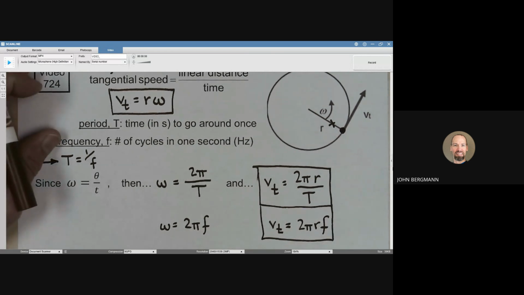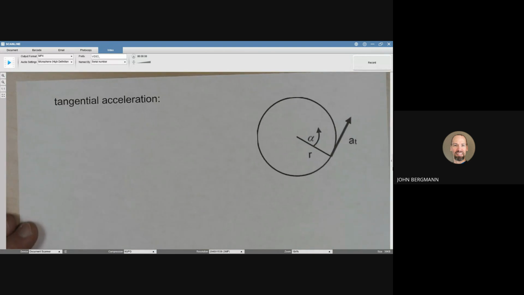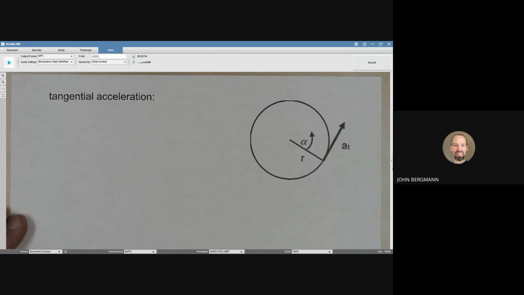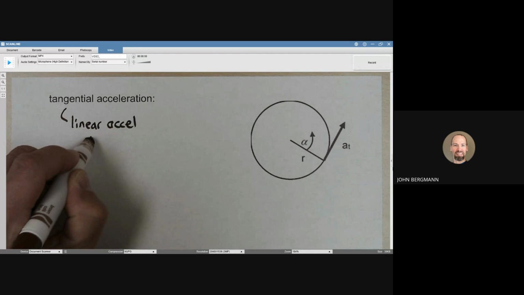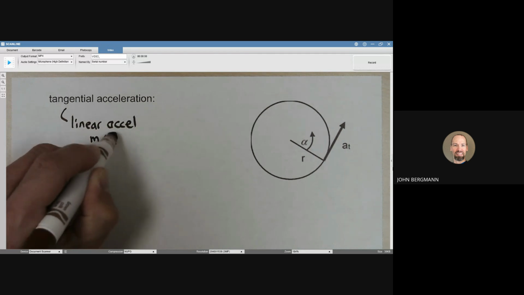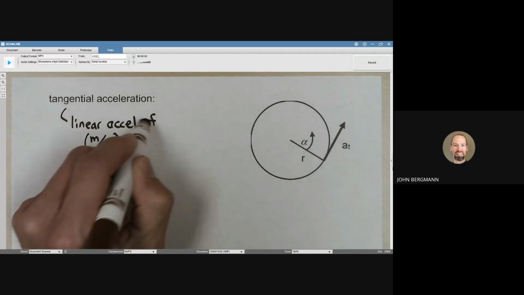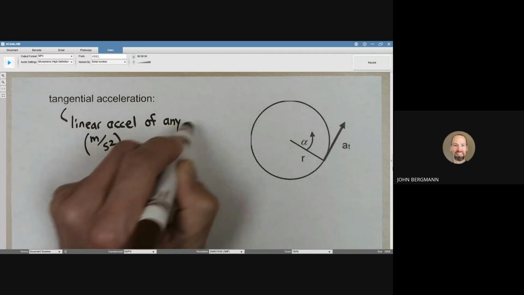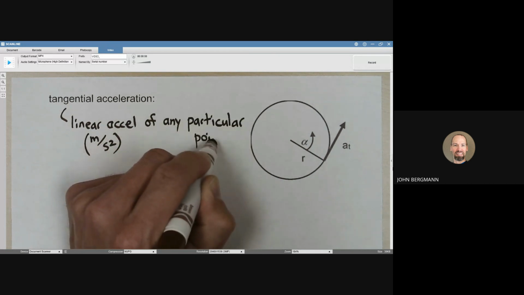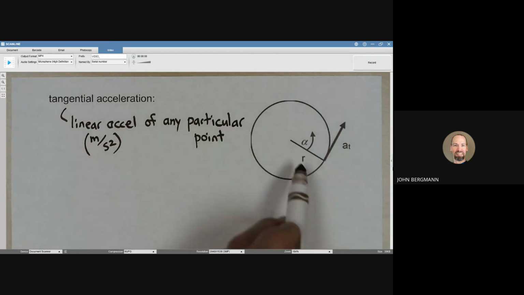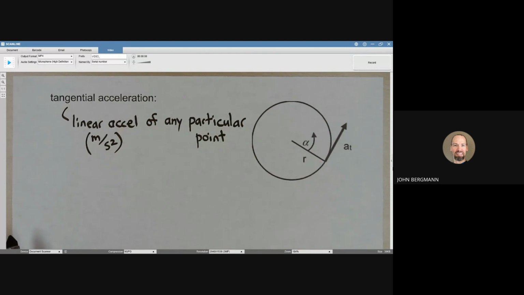Similarly, a tangential acceleration is the linear acceleration. In other words, it's going to be in meters per second squared, just like we're used to, of any particular point on our rotating object. Once again, the distance away from the axis is going to make a difference.